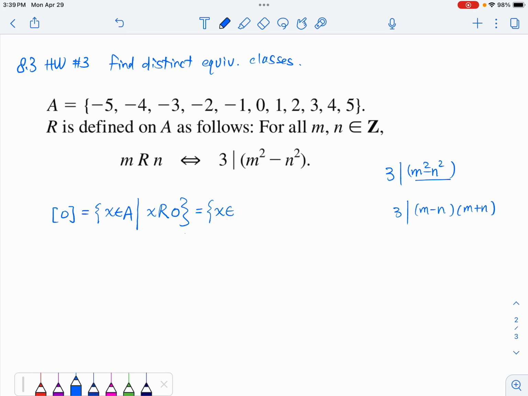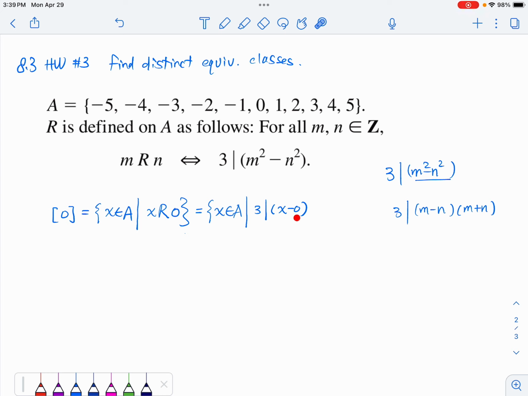That means we need to find elements in A so that 3 divides m squared minus n squared, and we already explained what that means. So basically 3 divides x minus 0 times x plus 0. In this case, my m is x and n is 0.